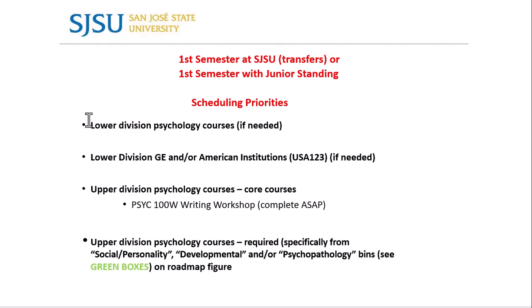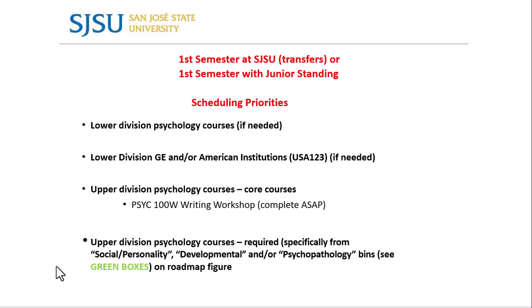That's why you want to take care of those, because you can't enroll in 100W unless you complete the lower division psychology courses. And you also need to take that self-directed assessment test. Again, the university will not allow you to enroll in 100W if you have not met the prerequisites and/or if you haven't done the self-directed assessment test.